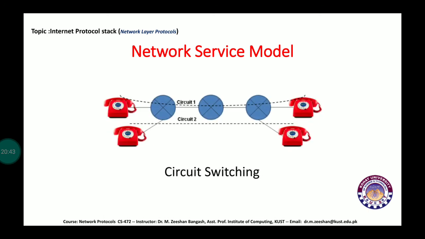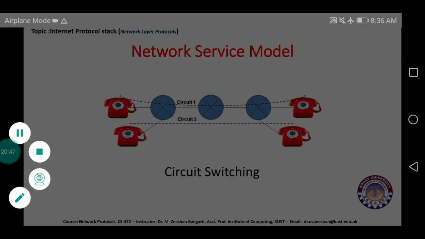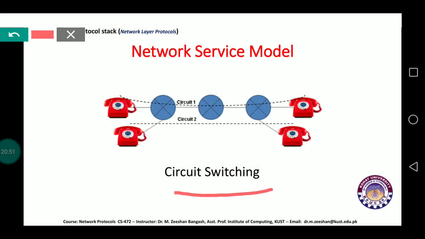A perfect example of a network service model we can show is switching. We know that there's no fixed or allotted path between a source and a destination, or a permanent link.